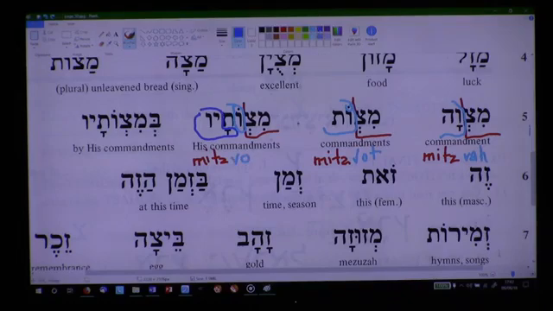Kind of hard to wrap your tongue around that. Okay. And then by his commandments adds a prefix, which is going to be be-mitzvotav. Okay? And that we find in part of our liturgy blessings. We're going to see that.